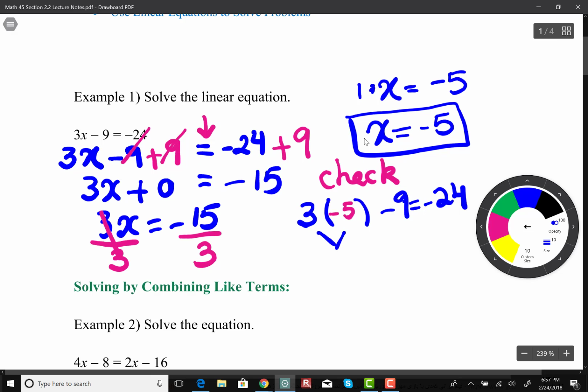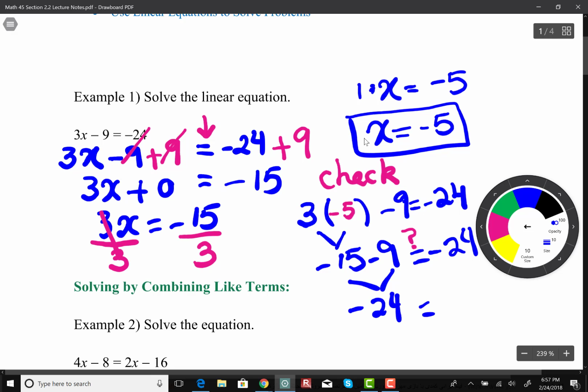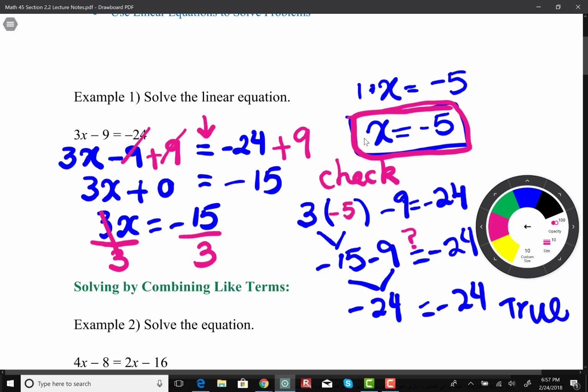So that gives me negative 15 minus 9. The question is, is this equal to negative 24? As a matter of fact, this is negative 24 when you combine them. And therefore, this is true. If this is true, that means yes, this is the solution. It would always be nice to check the solution.